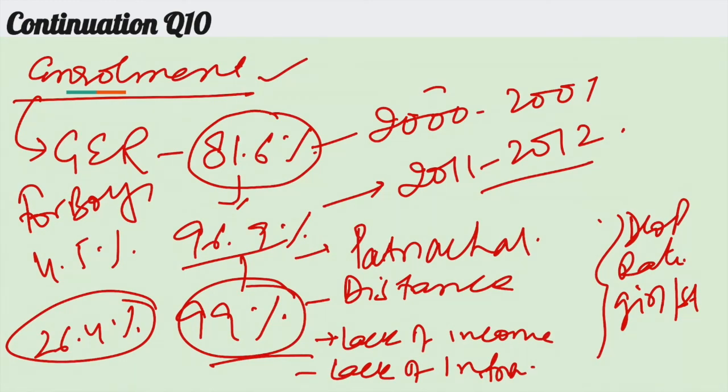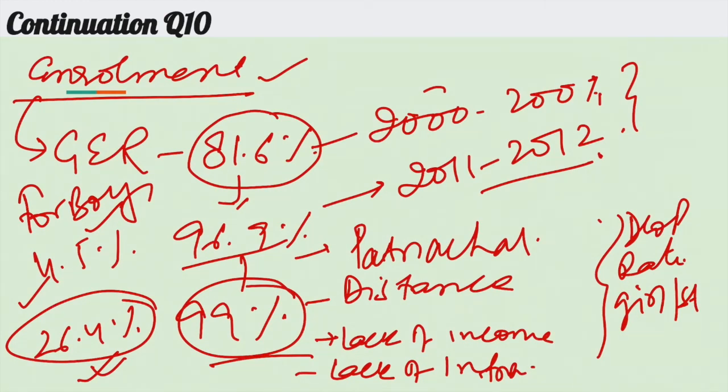So you can easily say that it is near universalization. And the best part is, whenever you look at the increase in the gross enrollment ratio, you will find that for boys it has increased by 4.5% between these years, but the same GER for girls has increased by 26.4% between these years.